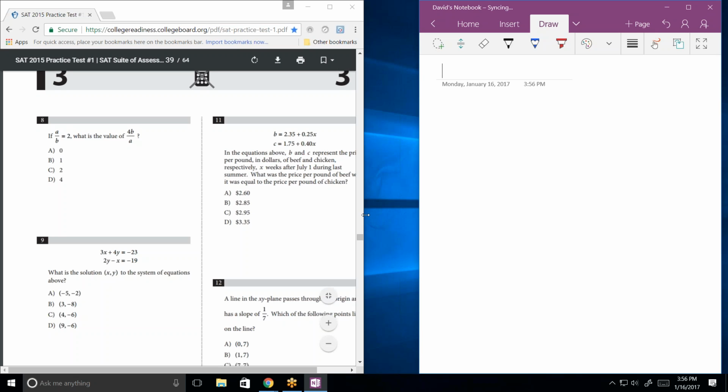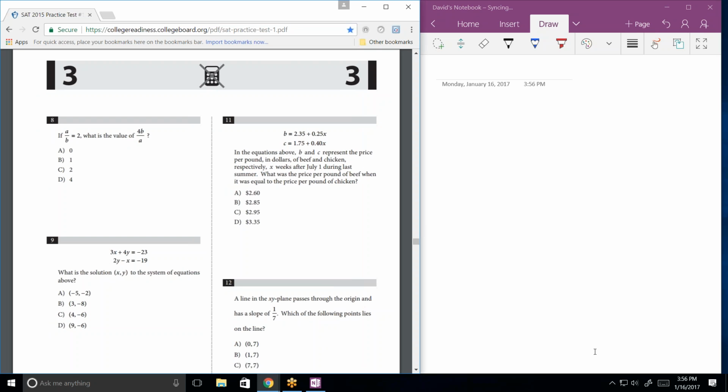Number 11. Hold on, let me expand it a little bit. How are we going to solve 11? Tell me the equation I need to write.